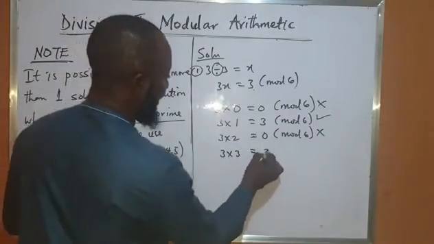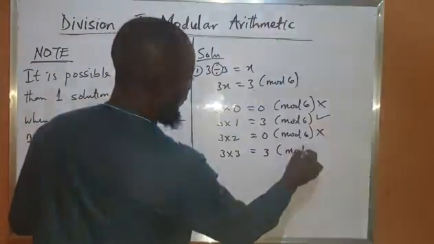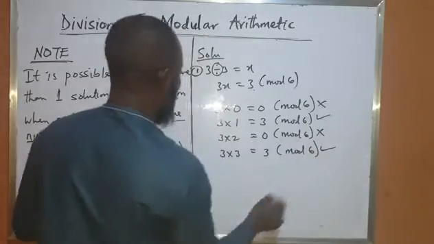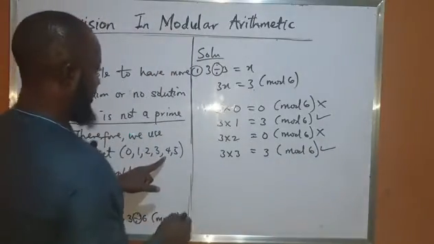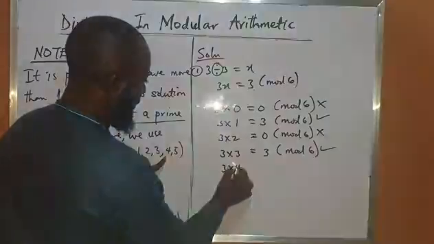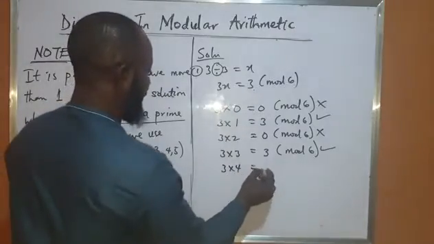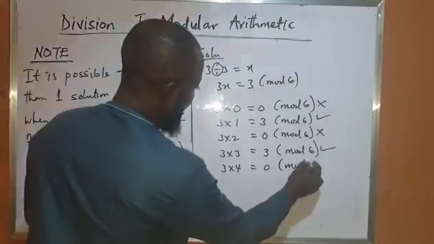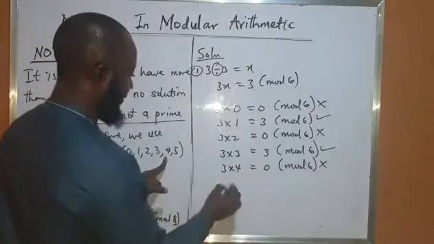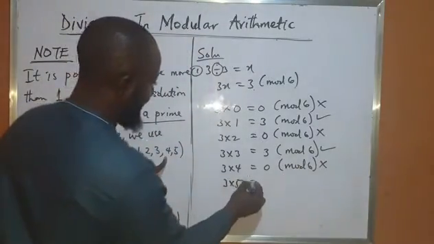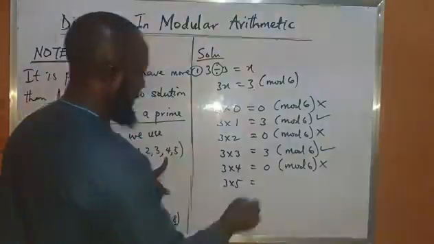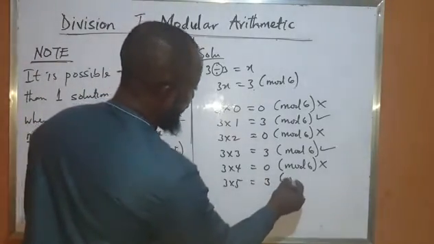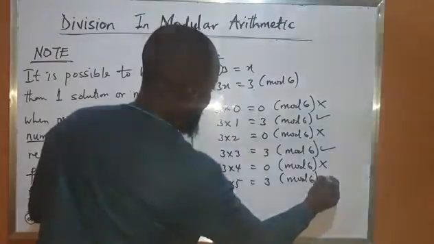In mod 6 that is 3. This is also correct. So we move to the next one, which is 4. 3 times 4 is 12. That is 0 mod 6. This is not correct. Then 3 times 5, which is 15, remainder 3 in mod 6. This is also correct.